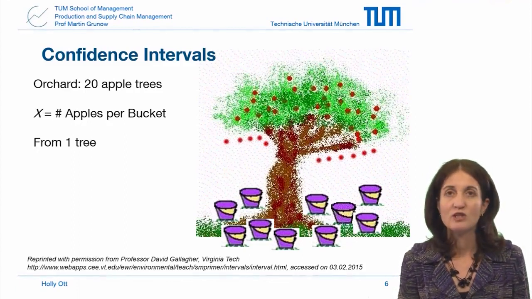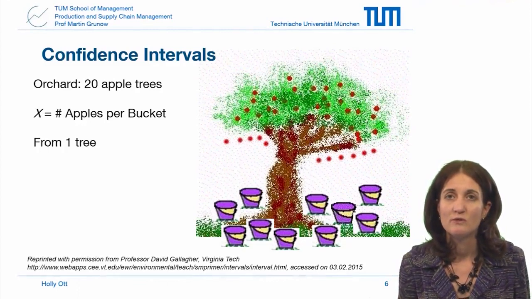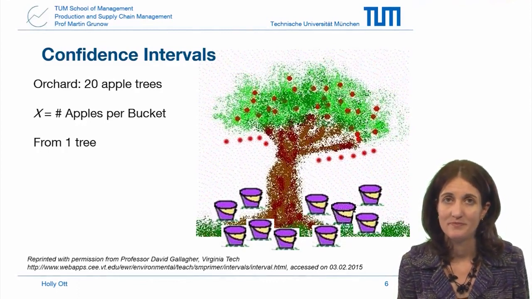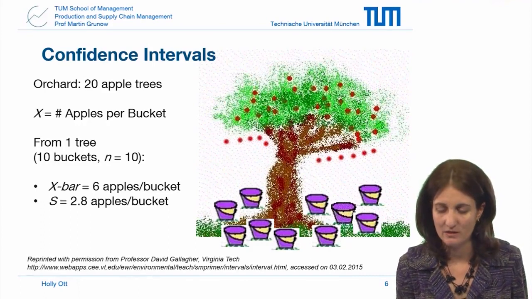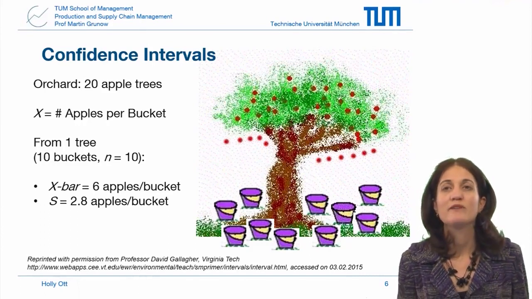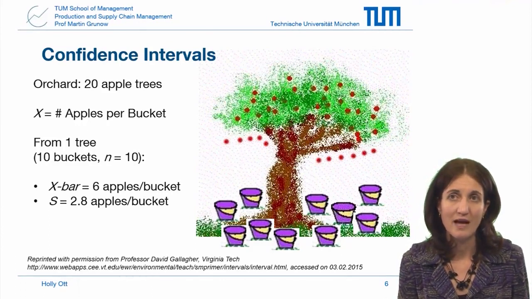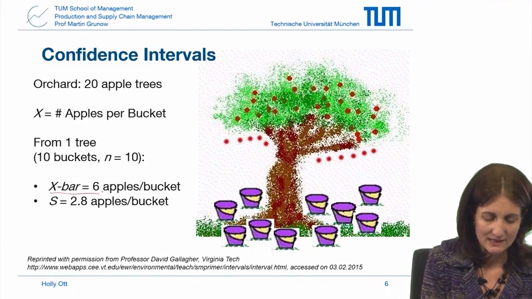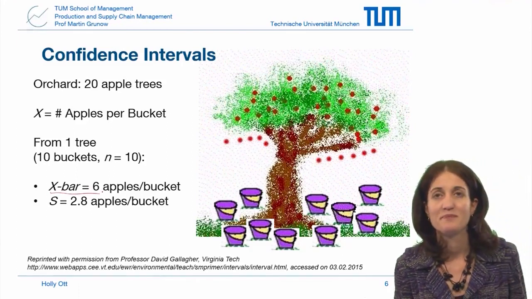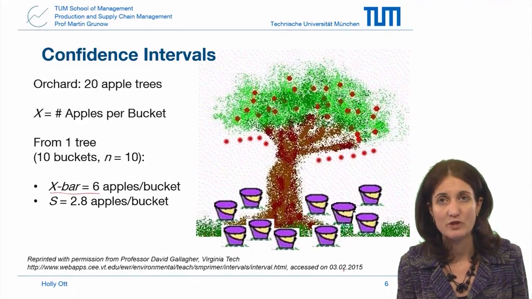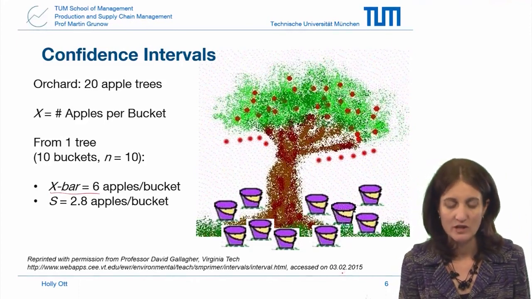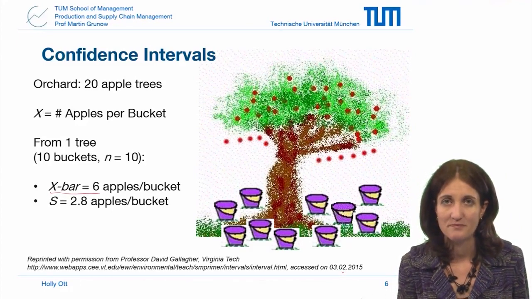So let's look at what happens when we look at just one tree. From our 10 buckets, we find a sample mean, x bar, the total number of apples divided by 10 buckets, to be equal to, in this case, 6 apples per bucket. And we can calculate from our sample tree a standard deviation s of 2.8 apples per bucket.